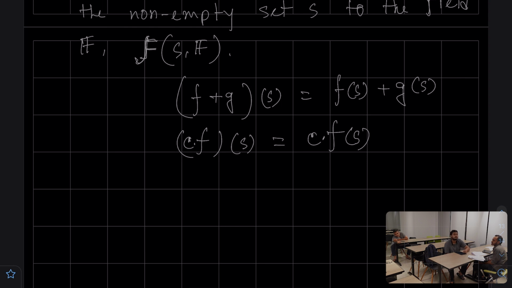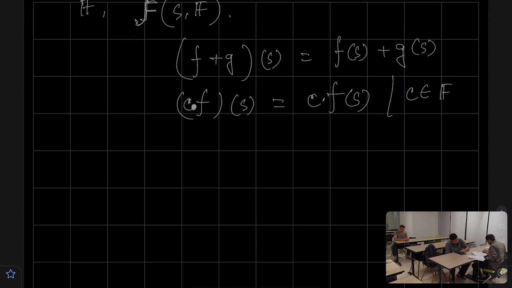One is the scalar multiplication in the vector space of functions, and on the right side, that dot is the multiplication in the field F. These are two distinct dots.